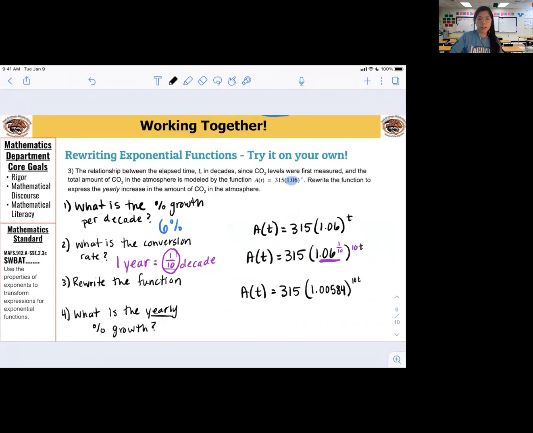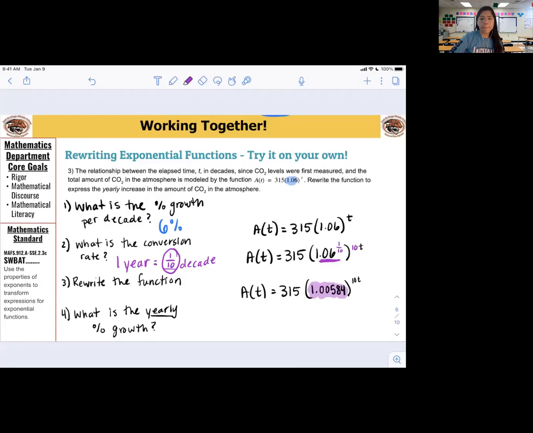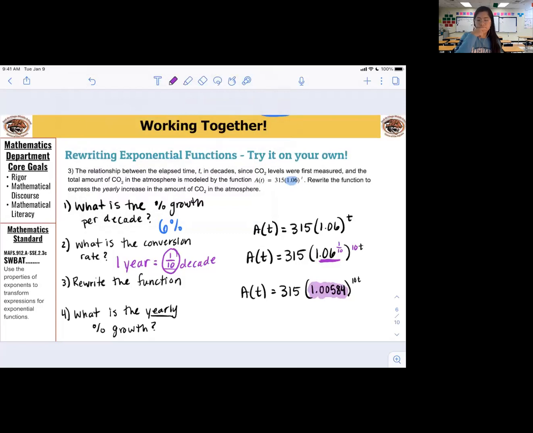So based on this, what is my yearly percent of growth? If we break it down, 1 plus 0.00584.